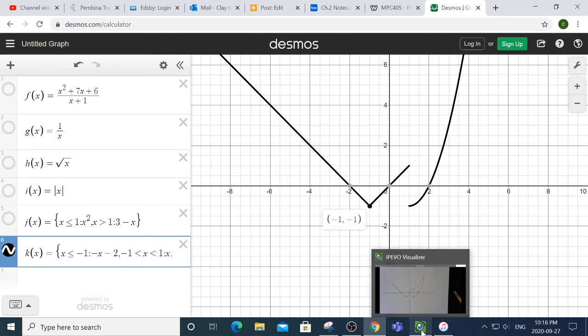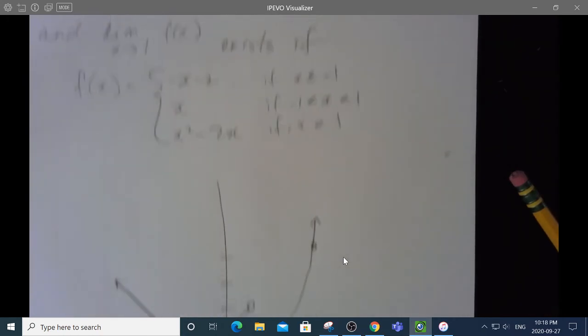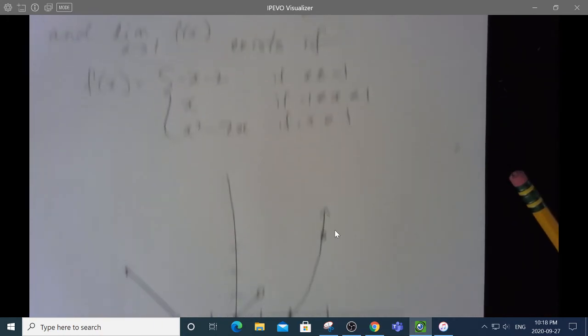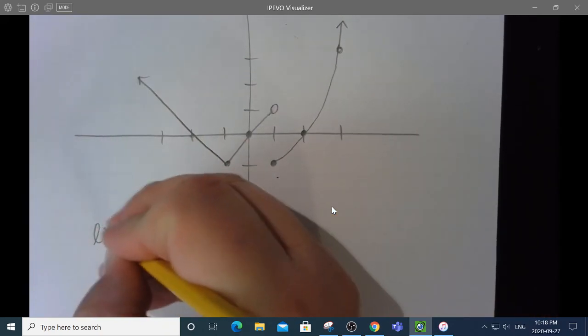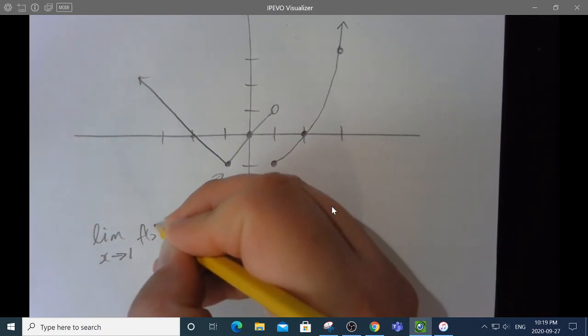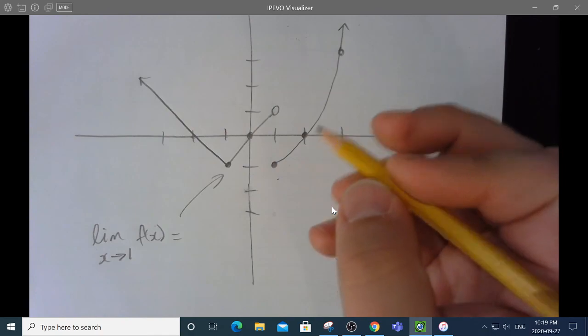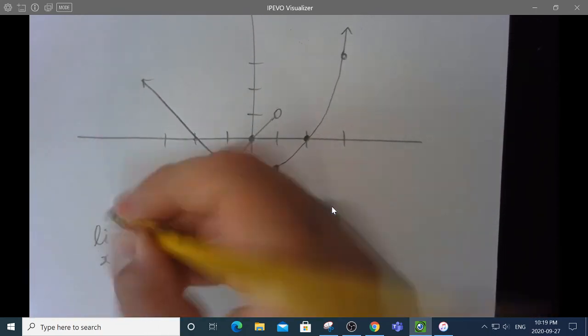So to answer the question, which was, does the limit exist? Well, then I would say that here, the limit as x approaches -1 of f of x does exist, and it is in fact -1. Oh, sorry, that should be -1, not 1. My bad.